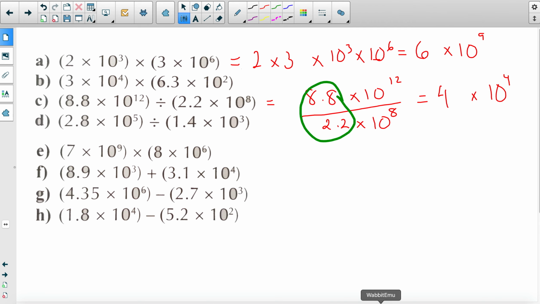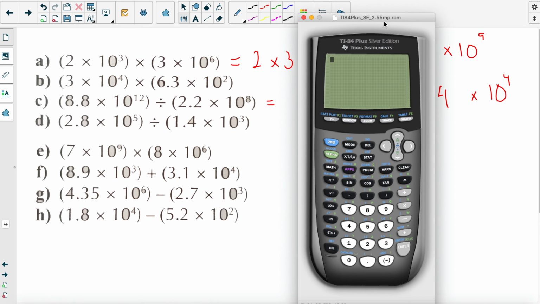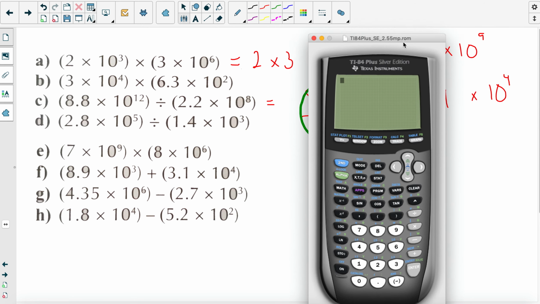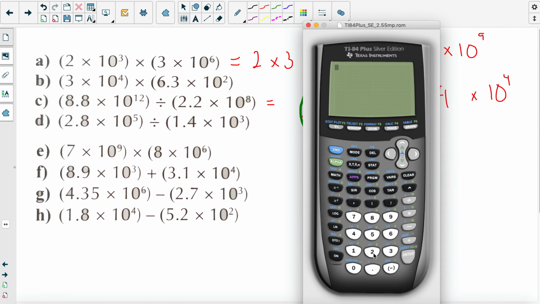If you are using a calculator, it's in a calculator paper, and you want to check your answer, you can easily do that. So for the first one, and I'm using a TI 84 Plus calculator, it's 2 times 10 to the power of 3. And in order to write the times 10 to the power of 3, you'll have to use second, and then you press the double E, which is on the comma button, and then 3.